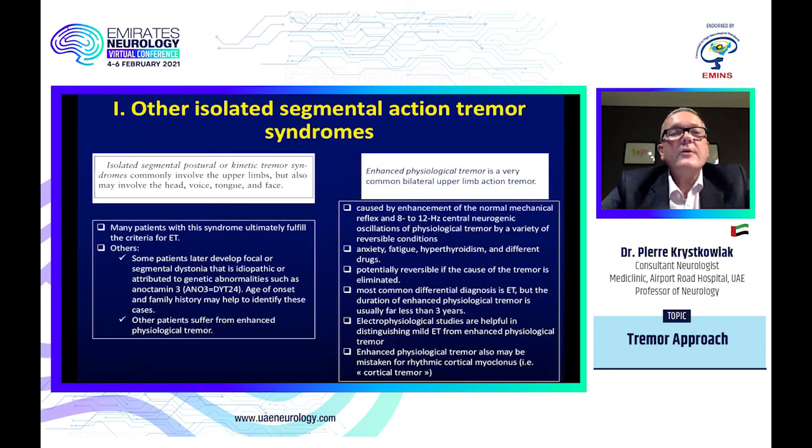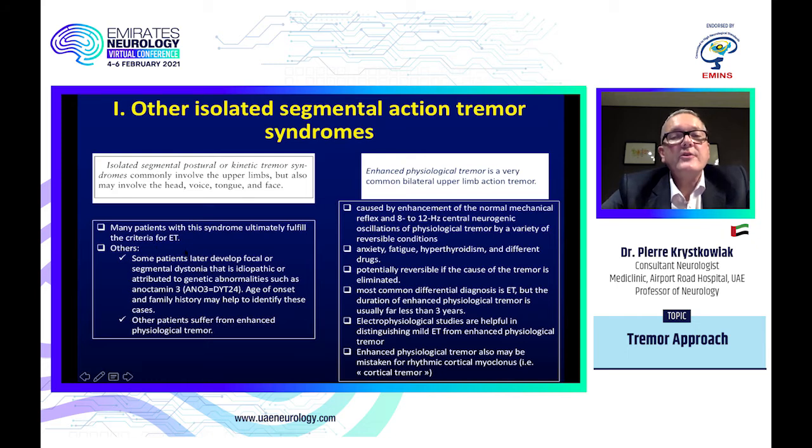So now we have also other isolated segmental action tremor syndromes. Isolated segmental postural or kinetic tremor syndromes commonly involve the upper limbs, but also may involve the head, voice, tongue, and face. So the upper limb is not mandatory, contrary to essential tremor, and there is no criterion of duration, unlike the essential tremor definition, with at least 3 years of evolution.